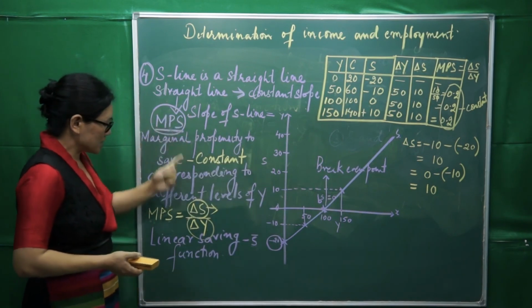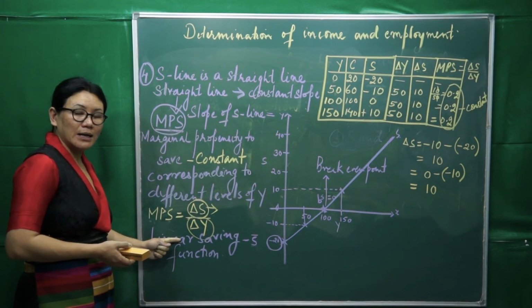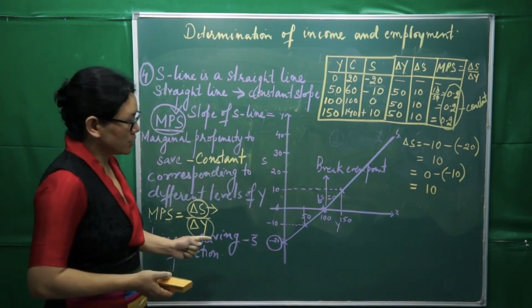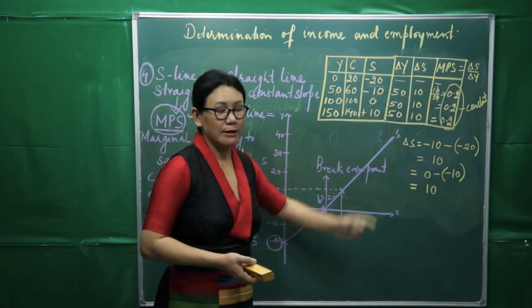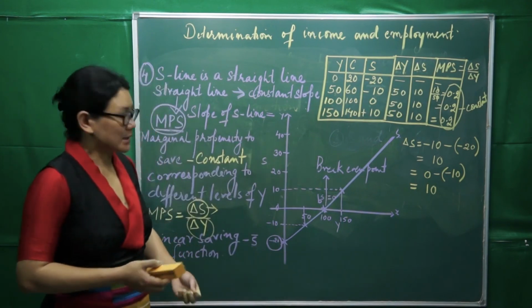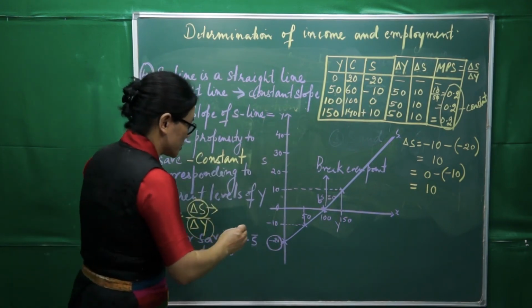So MPS has to be constant in order to get a straight saving line. Is that clear?